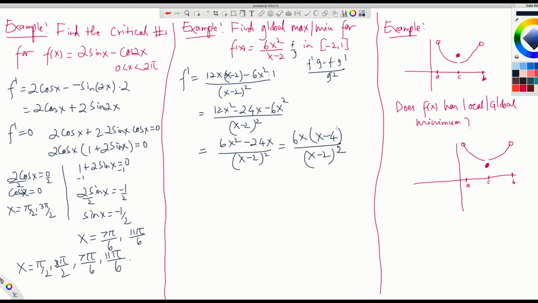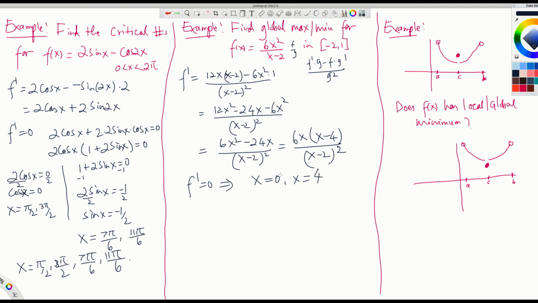So what are the critical points? Meaning, what values of x gives the numerator 0 and what values of x gives the denominator 0. That's what you are trying to see, okay? So if you take the numerator 0, f prime equals 0 implies x equals 0 and x equals 4, right?